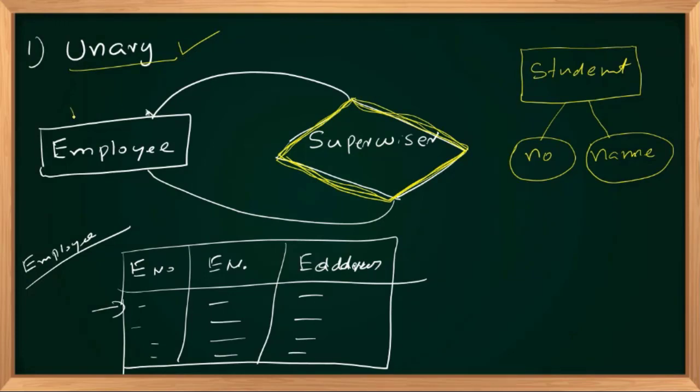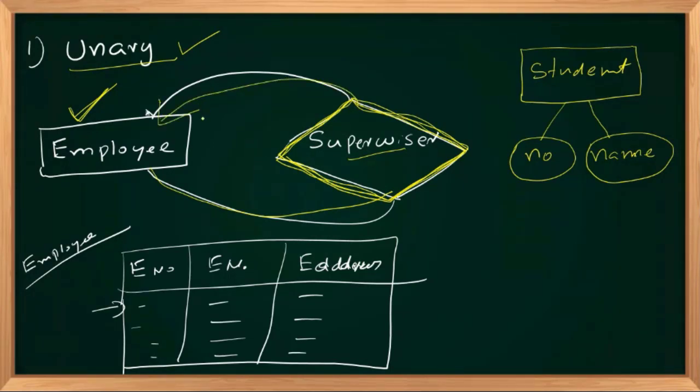Only one entity means employee. Employee is the entity. We know that there are many employees in a table. Out of these, only one is the manager, known as the supervisor.